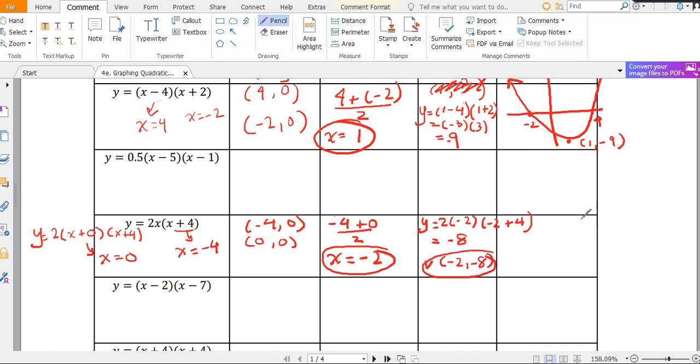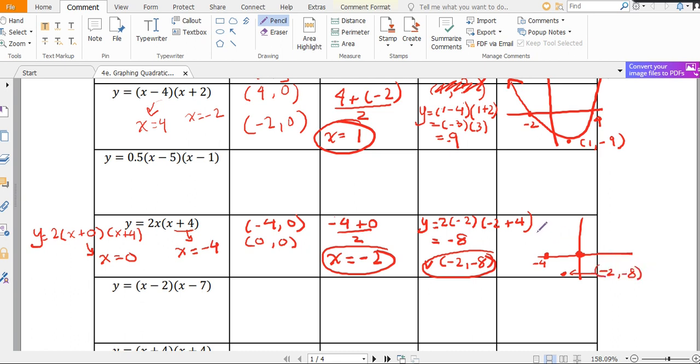And then if I wanted to draw a quick sketch, so I know my x-intercepts are at 0 and negative 4, and (negative 2, negative 8). I'm just going to pretend it's right there. That's my vertex of (negative 2, negative 8).